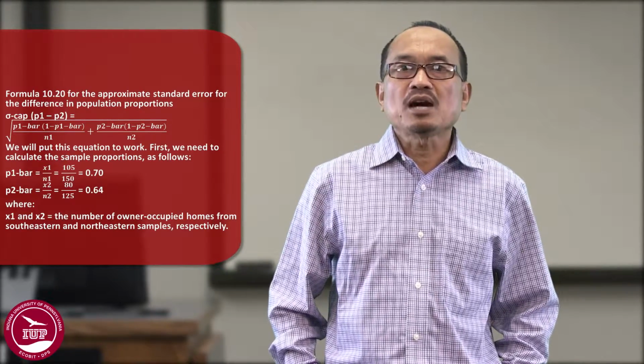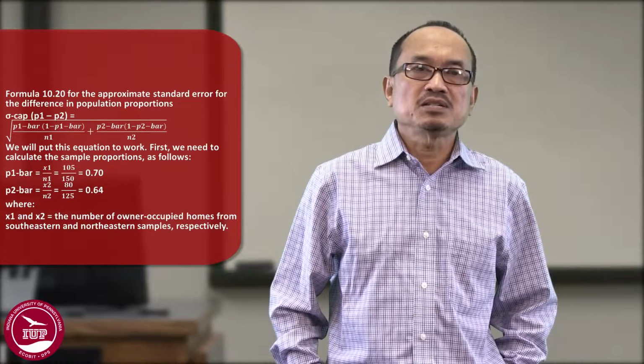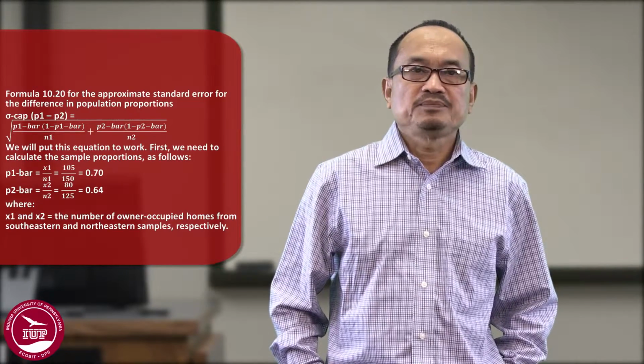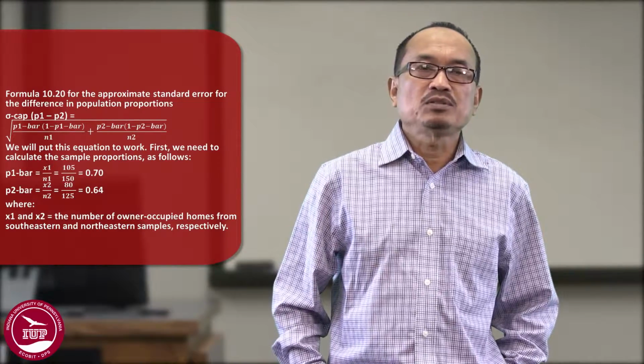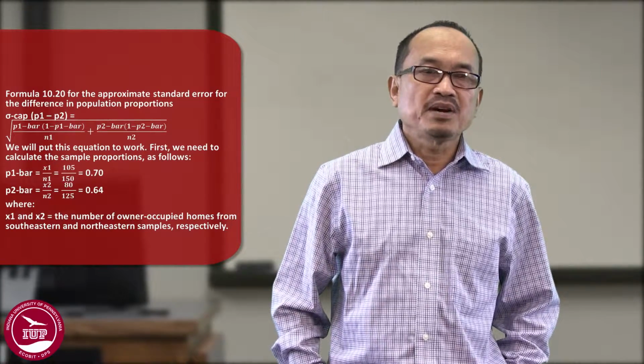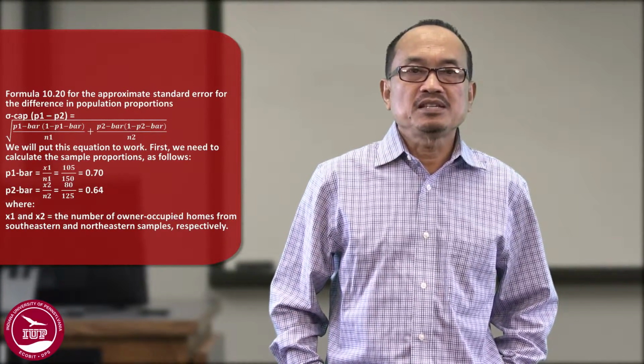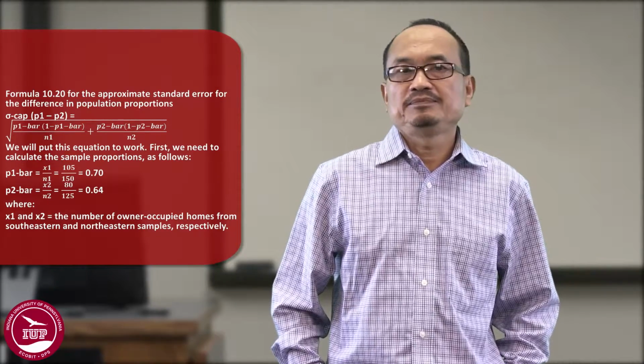First, we need to calculate the sample proportions as follows. P1 bar is equal to X1 divided by N1, equal to 105 divided by 150, which is equal to 0.70.